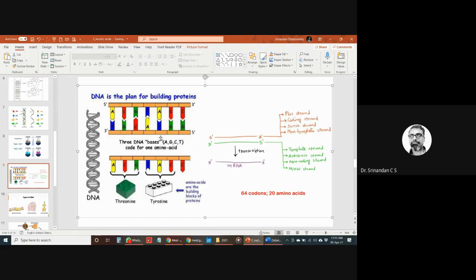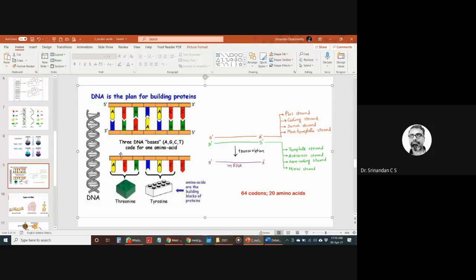Now, when RNA forms from this, a single-stranded RNA will be formed, because you have to produce a functional protein, and for that an RNA strand will be produced.